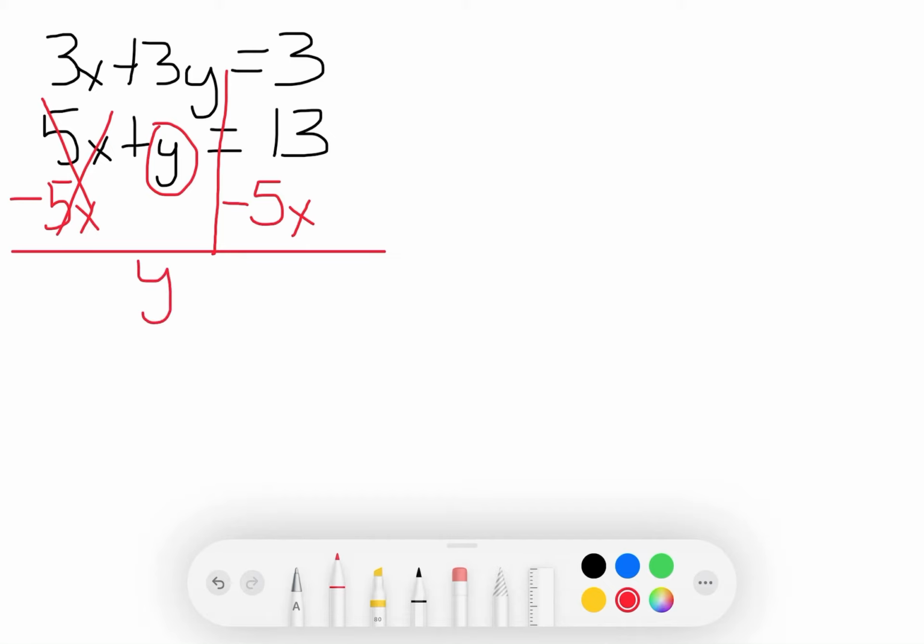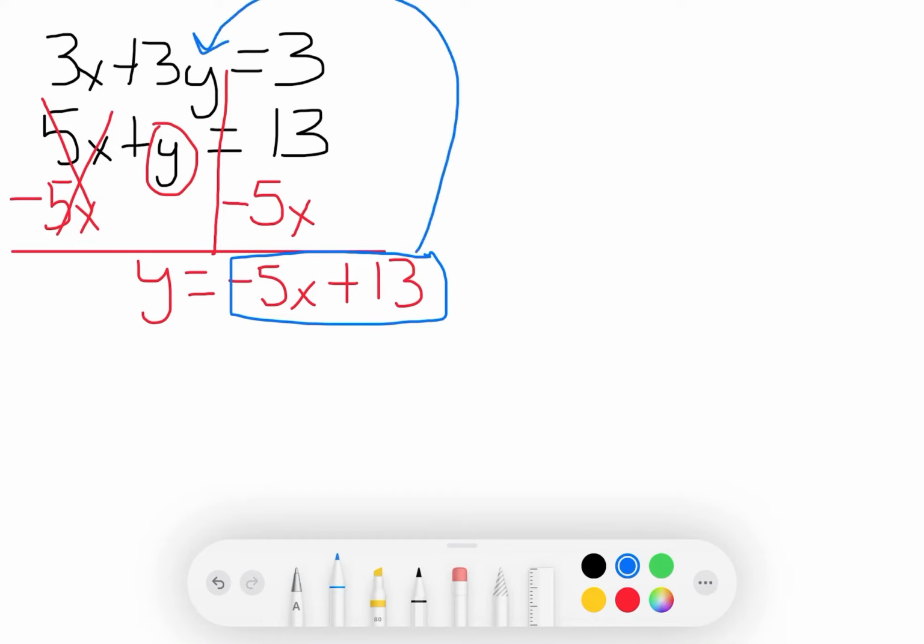And then over here on the right side, I have -5x plus 13. So now this gives me this new expression, which is exactly what I wanted, because this expression here is equal to y. So now I can plug this expression back in for y in my first equation.